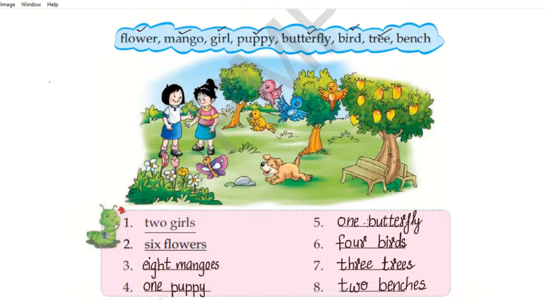Now children, you have seen through this picture also, you have written one and many, that is singular and plural.